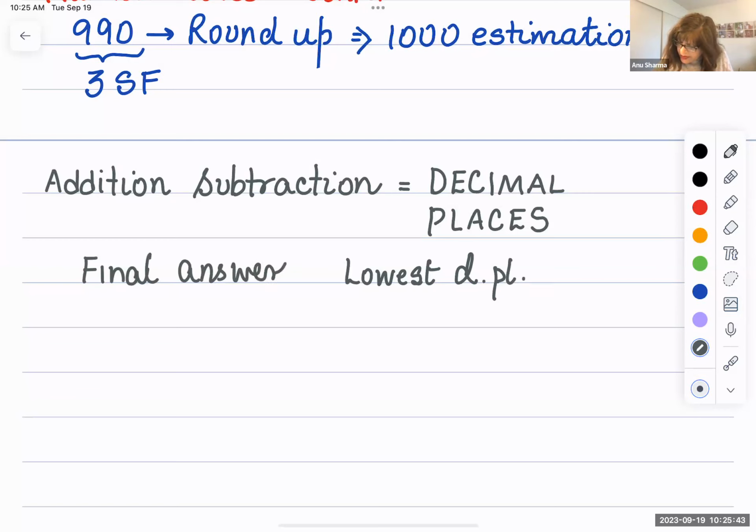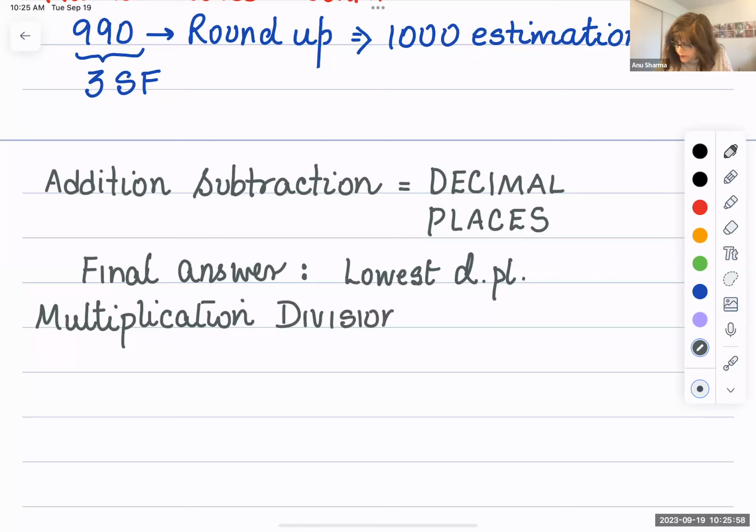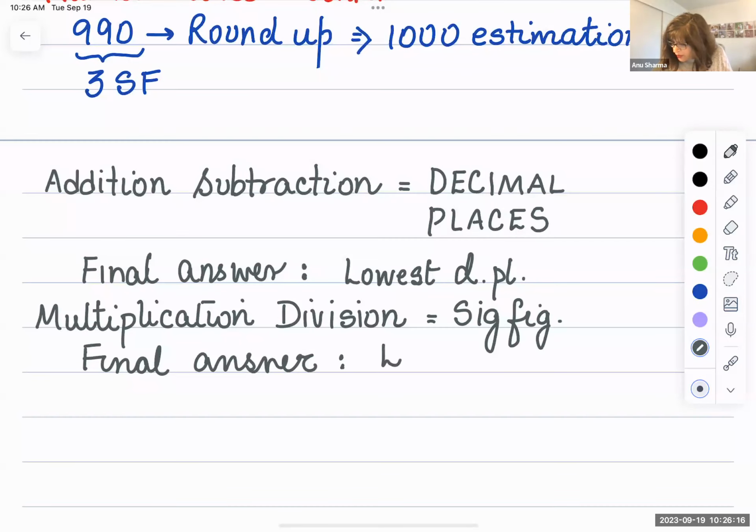Next is multiplication and division. What is the rule? You count the significant figures in every number, and the final answer will have the lowest number of significant figures.